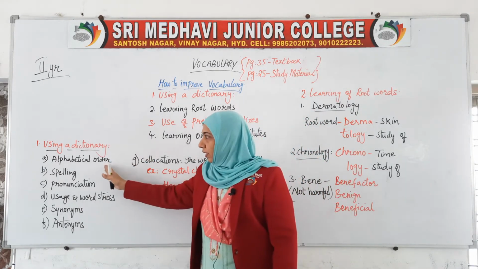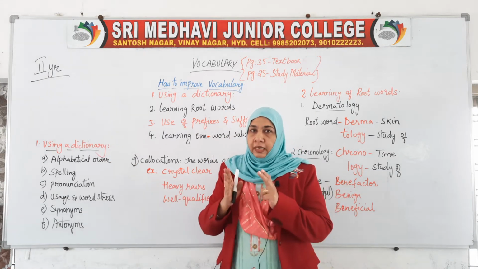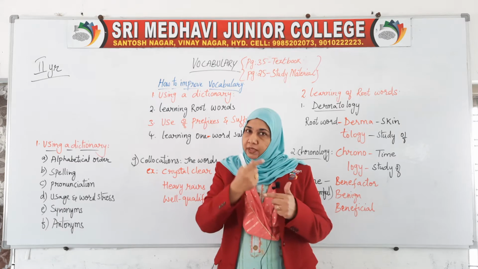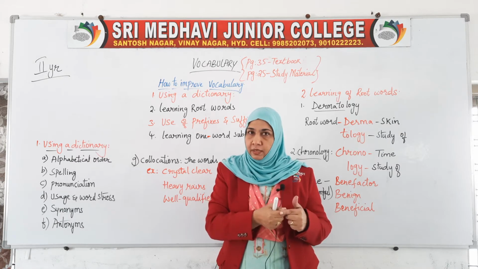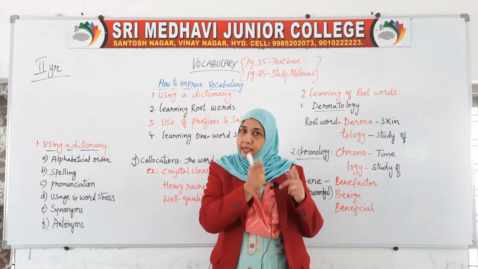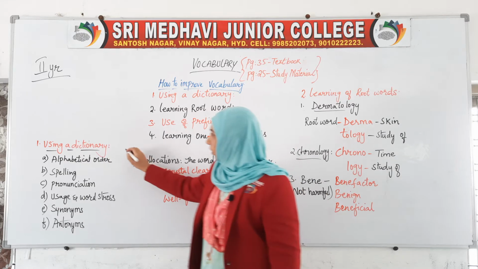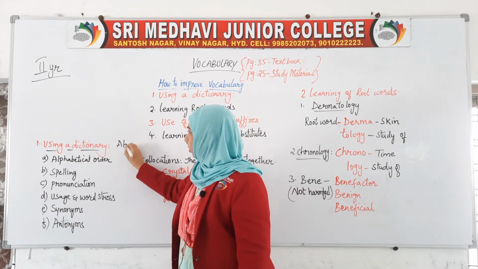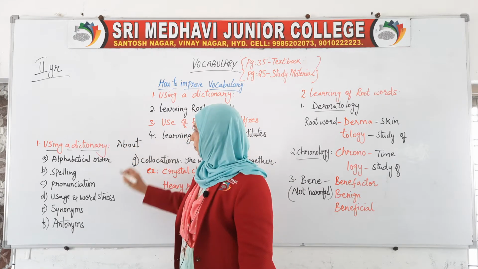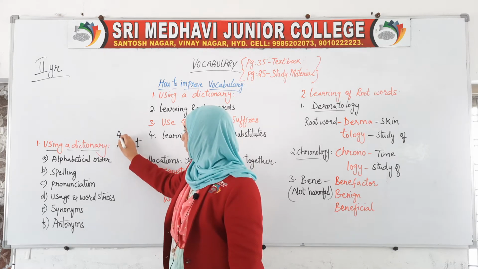The first thing, it gives you the understanding of the alphabetical order. In the dictionary, alphabetical order is maintained. The words with A would come up. In that A also, here I'll give you an example: about, and above.